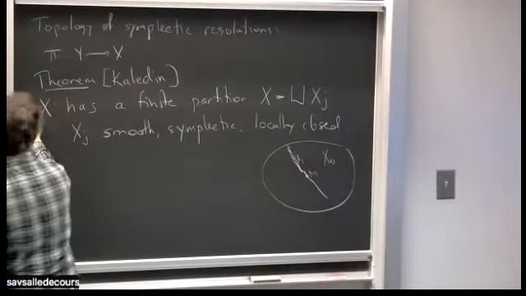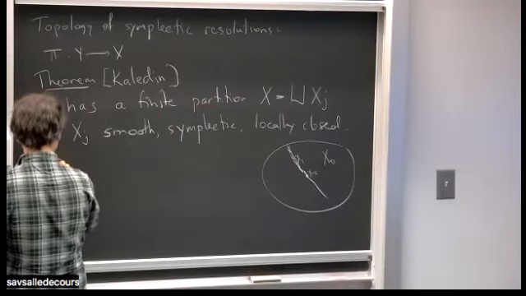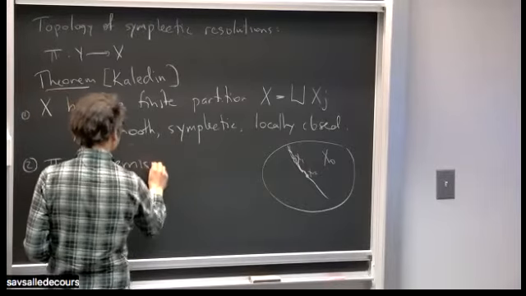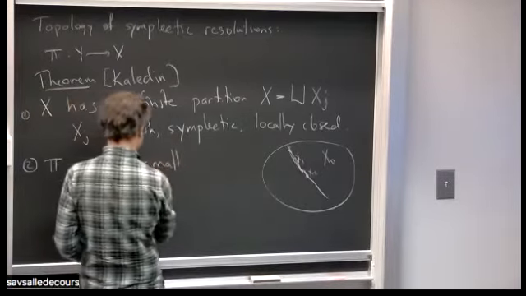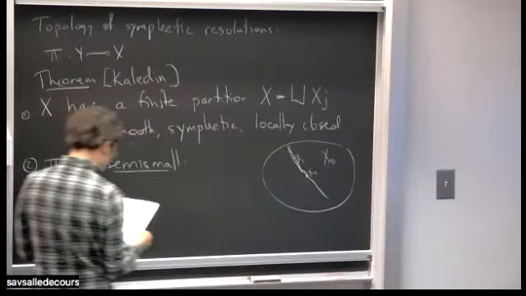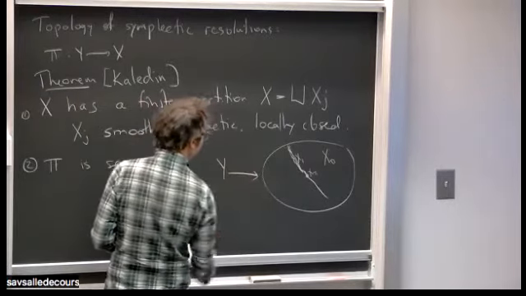The second feature of this topology that I'm going to talk about is that π is semi-small. Semi-small means the following. We're interested in the fibers of this map, so we have Y mapping here.